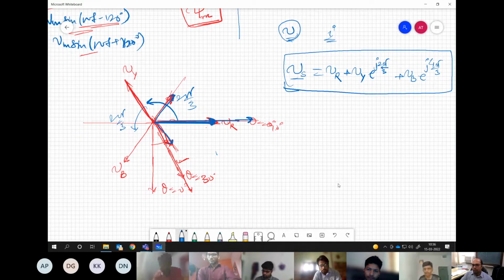You understand my point? Now this representation what I have written for this system, this gives the information about all three. If you know the magnitude and angle for this, you can tell what is the value of VR, Vy and Vb individually. So that is the representation of a multi-phase system in this manner.